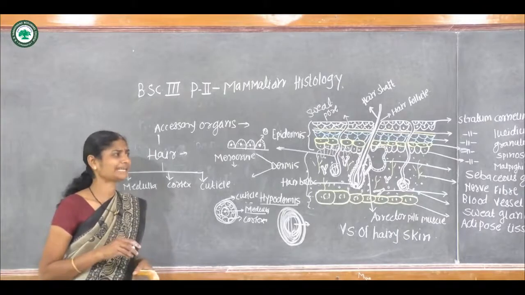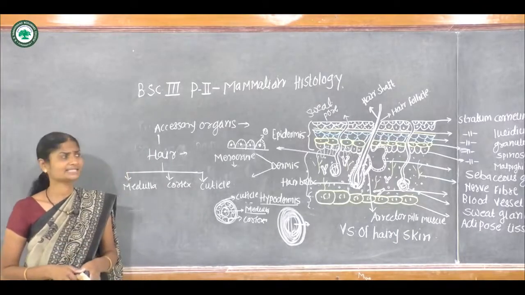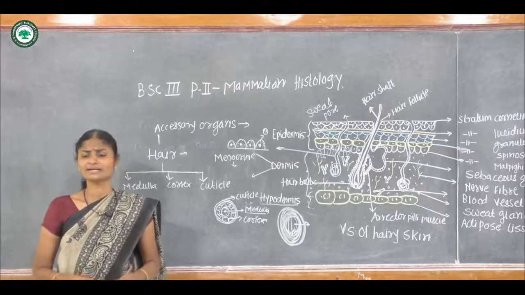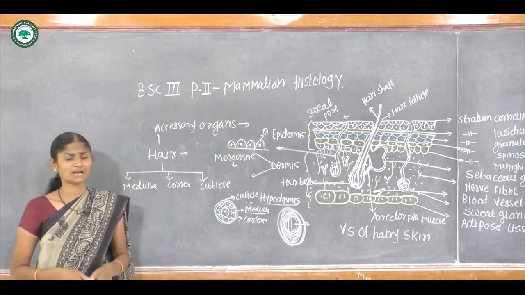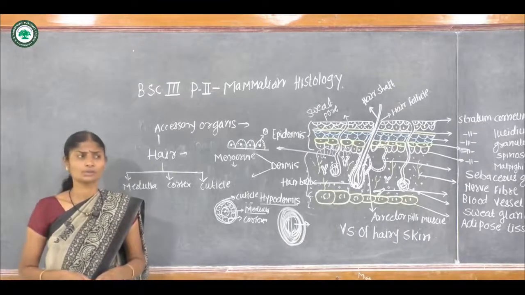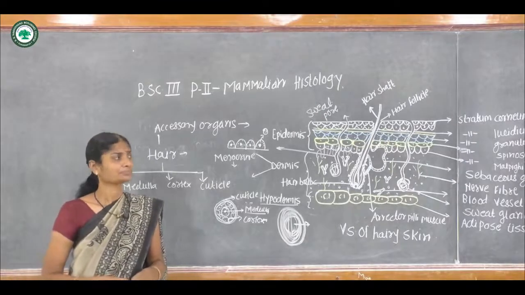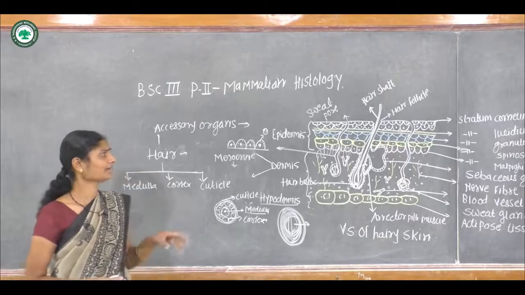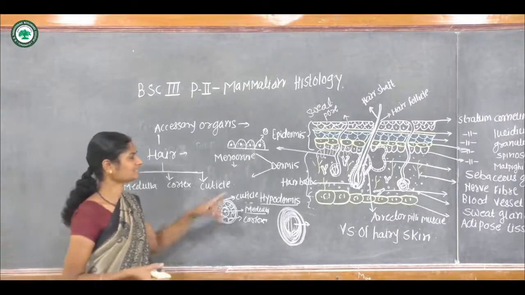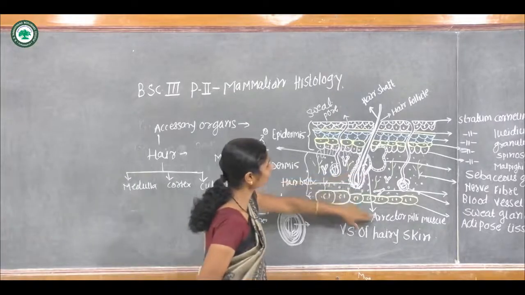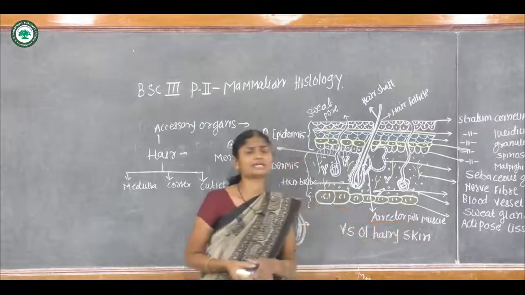The next point is hair follicles. These hair follicles are dermal and epidermal sheaths surrounding the hair roots. Here muscles are present, called erector pili muscles.